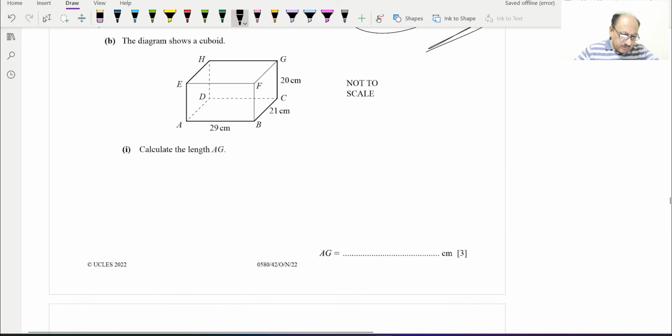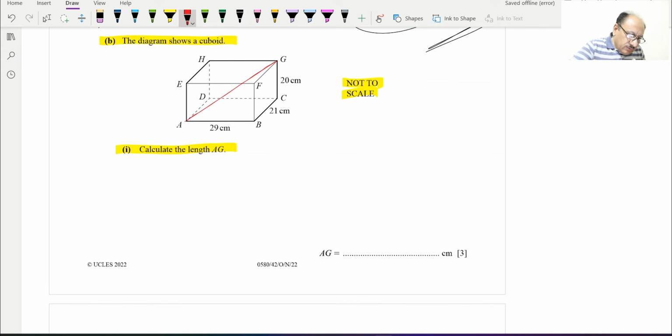Hopefully you understood this. Now this is B part, and B part says the diagram shows a cuboid which is not to scale, and part 1 calculate the length of AG. We need to figure out what is AG, and AG, if we join A with G, so this is AG, and to find this, first we need to find AC.